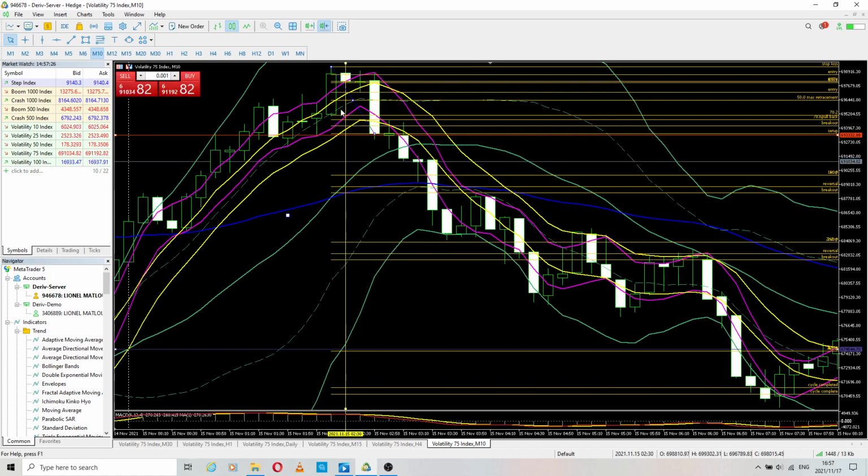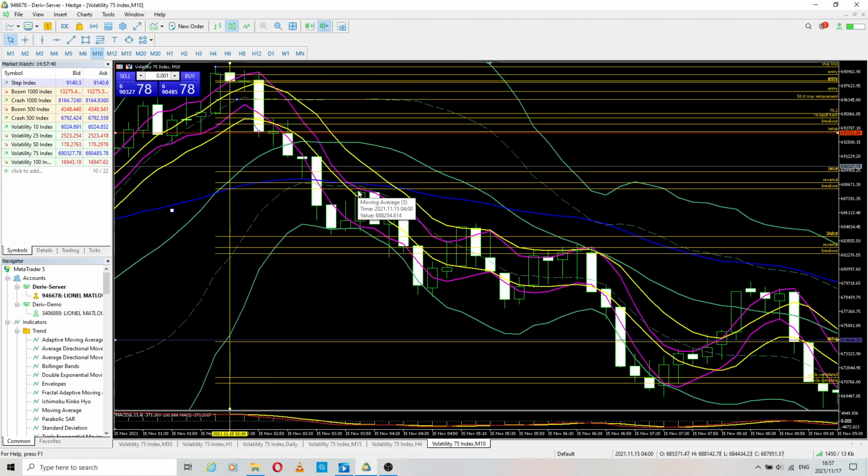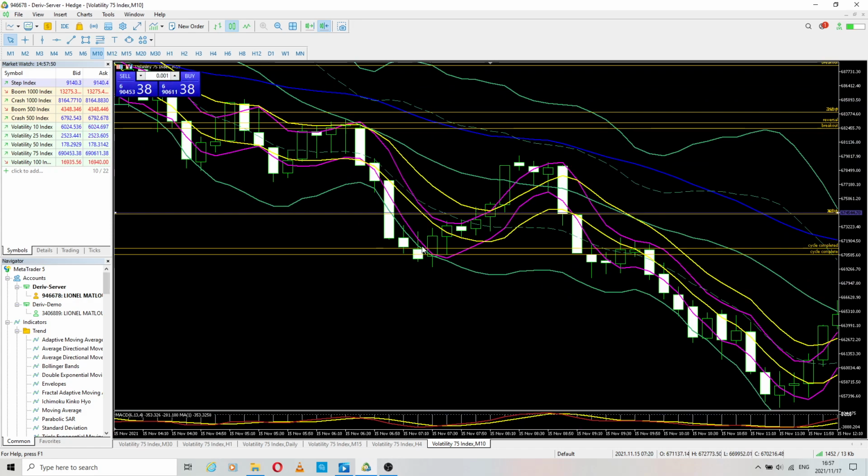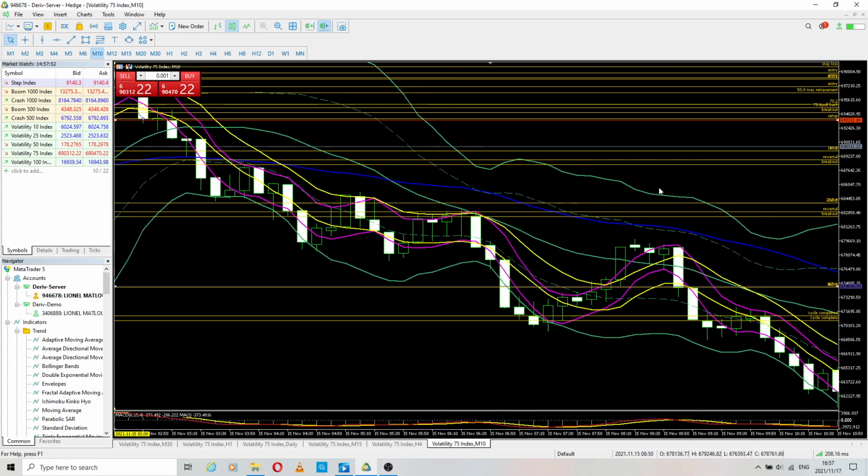So when the market comes back, this is your first entry there, then the market moves down, another re-entry there. That's your second entry. The market moves down again, then you can say this is your other entry, then next entry, until like this.